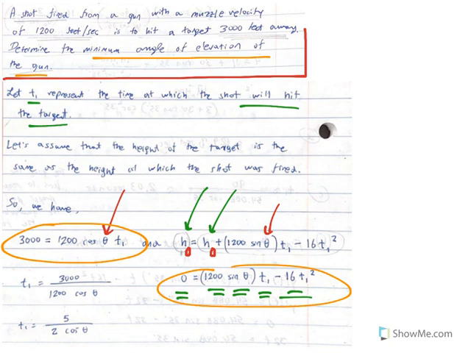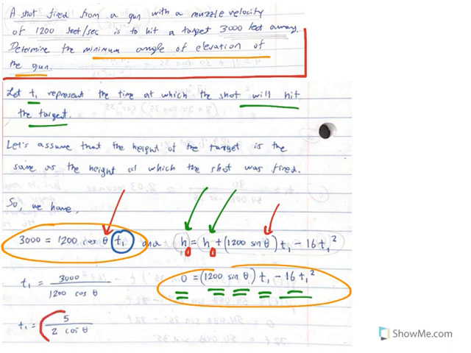So we can solve for t sub 1 in the first equation by dividing both sides of the equation by 1200 times cosine of theta. And 600 goes into 1200 two times, 600 goes into 3000 5 times. So you get t sub 1 is equal to 5 over 2 times cosine theta.